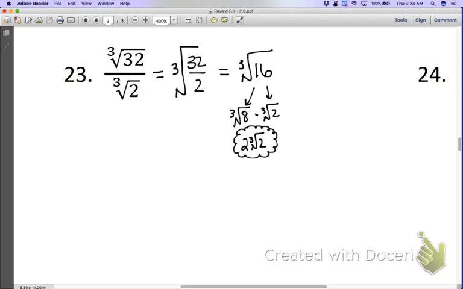So make sure that you multiply the denominator and the numerator by whatever's going to make it a perfect cube, fourth root, whatever you have as your root or your index. We've got to make sure that that's going to be a perfect number underneath the radical.